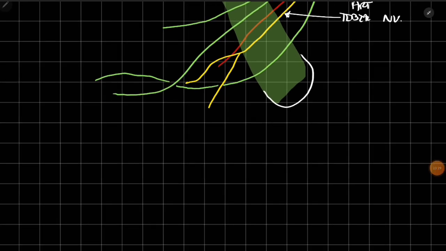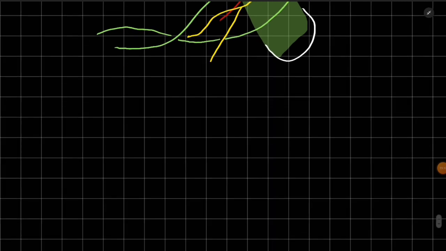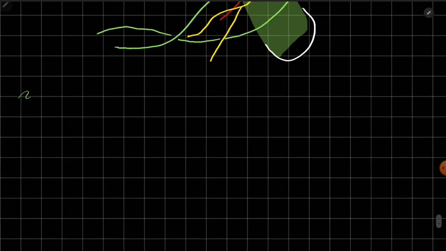So now we should head to the back of leg. Okay, the back of leg. So back of leg is the flexor compartment of leg basically.